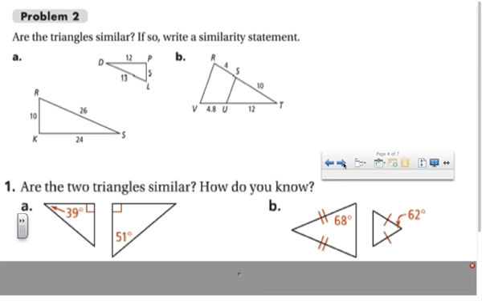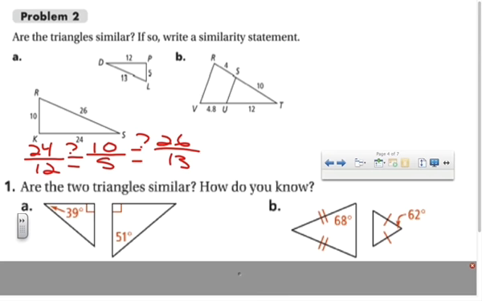Yeah, I have to set up my ratios and see if they're equivalent. So 24 over 12 would need to be equivalent to 10 over 5 and 26 over 13. And they are equivalent. So yes, the triangles are similar.